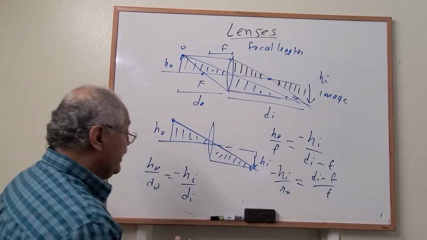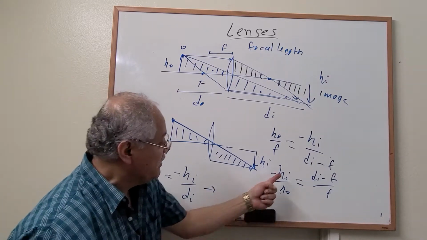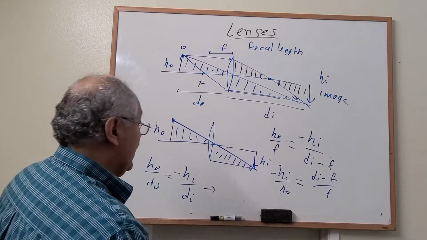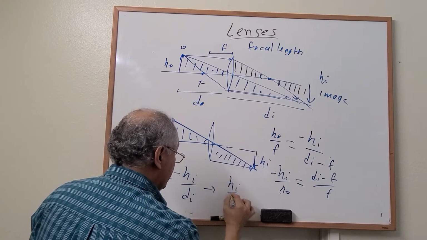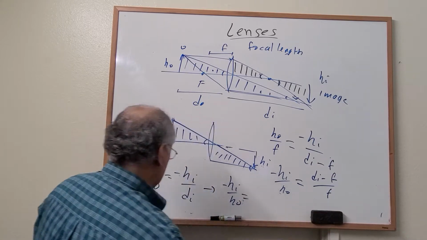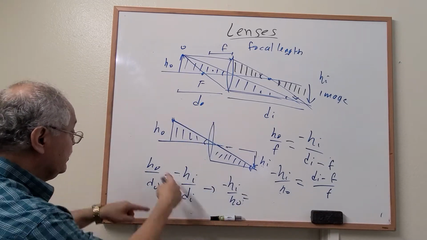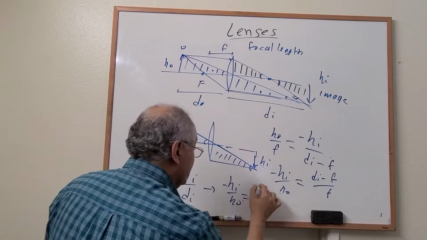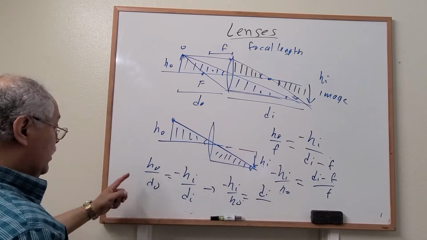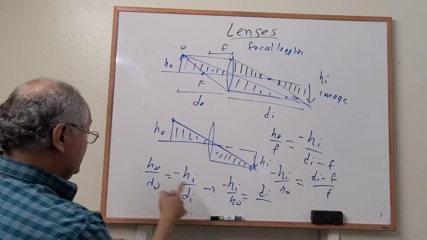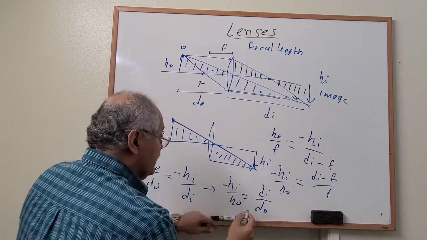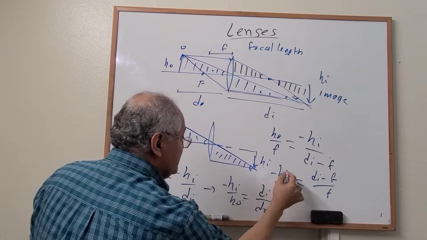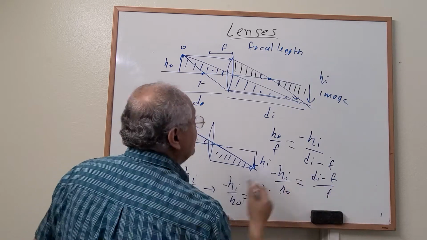Perfect. Let's try to create a relationship similar to this one. And what do we have? One more time, HI over HO negative must be equal to, right here, let's just cross multiply, it's going to be VI over DO, okay, DO, correct? Now this quantity is the same as this one, so this one must be equal to that one, correct?